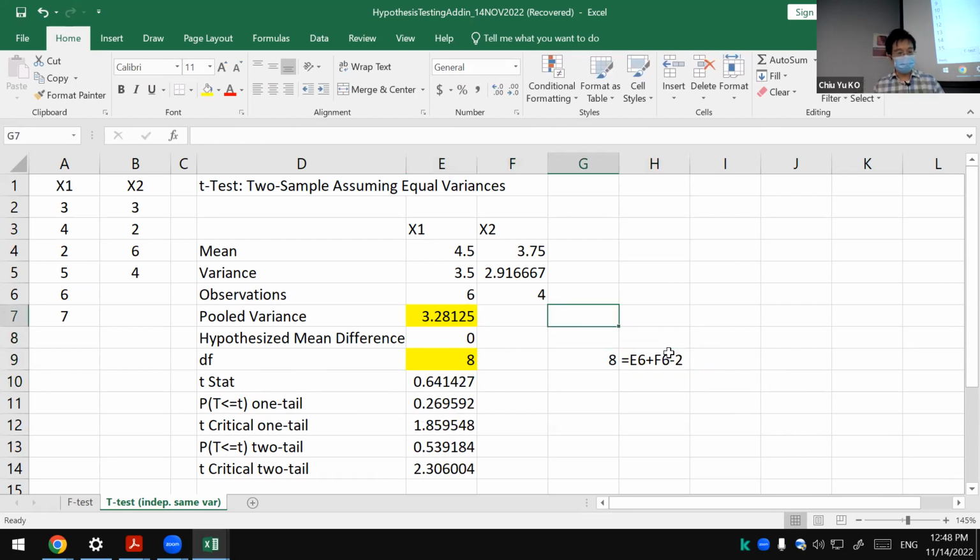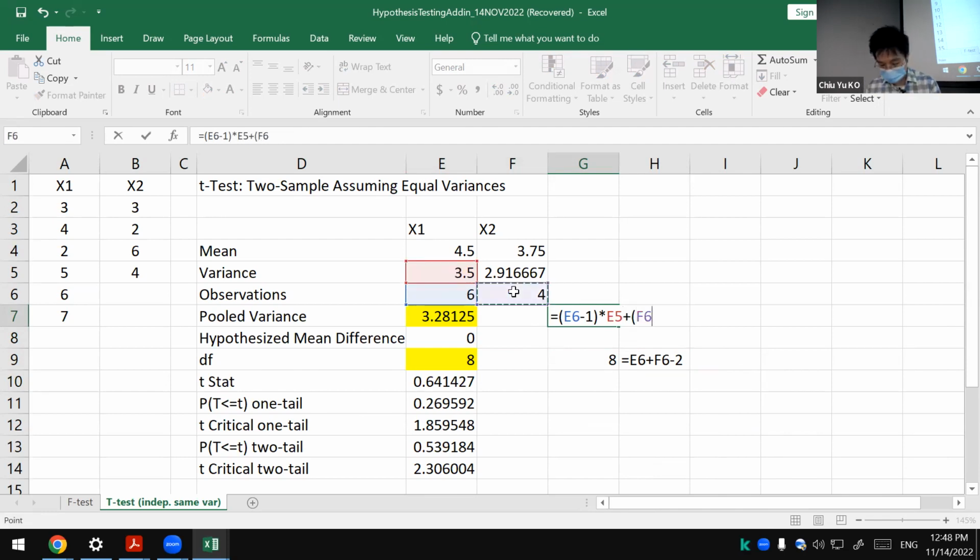This guy is the weighted average of two variances, right? The weights are the observations minus 1, so basically N1 minus 1 times S1, the variance, plus N2 minus 1 times S2.